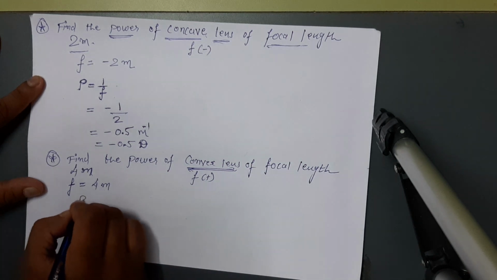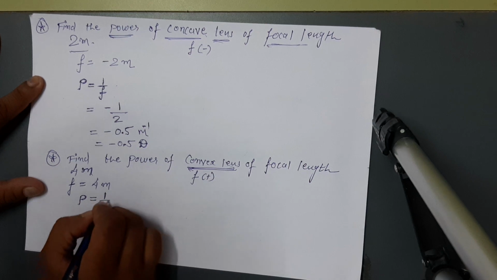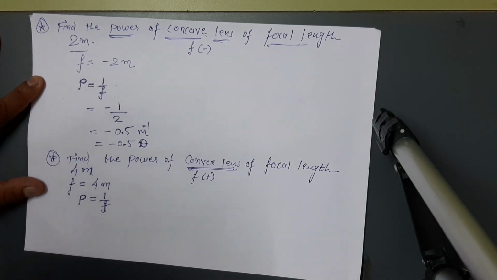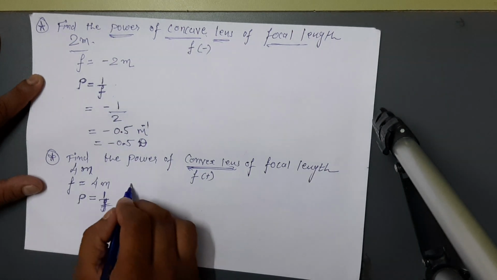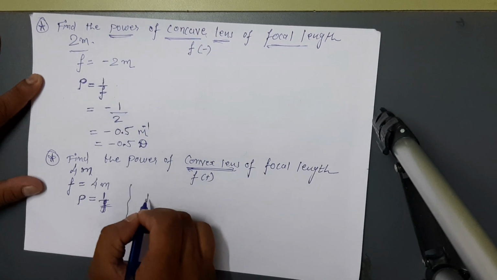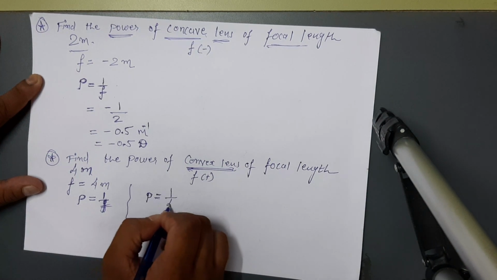Apply the formula. Power of a lens P is equal to the reciprocal of focal length. So P is equal to 1 by F. From that we will get P is equal to 1 by 4.